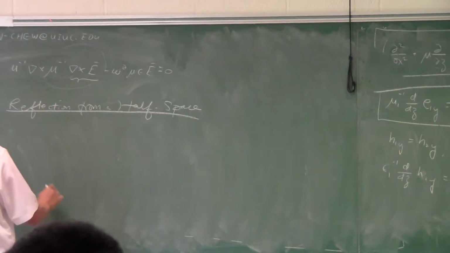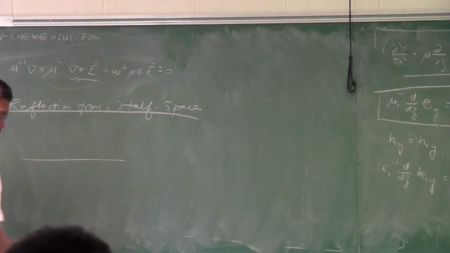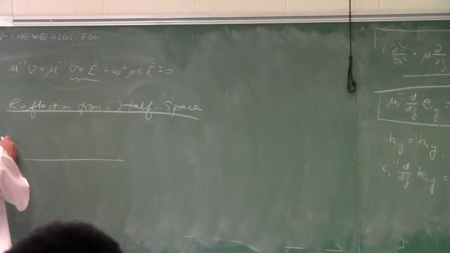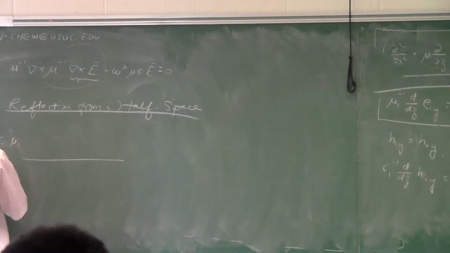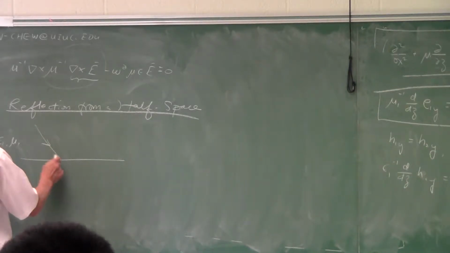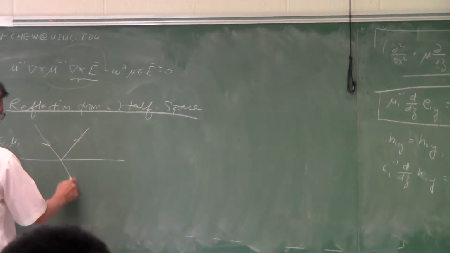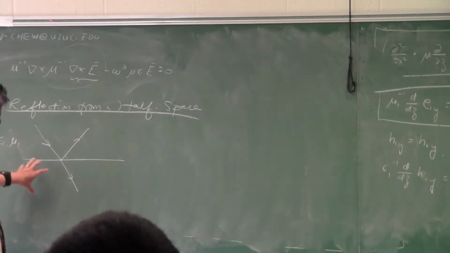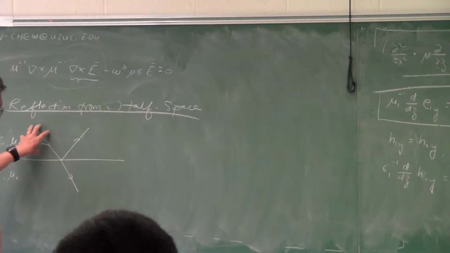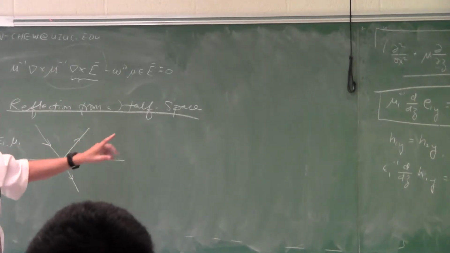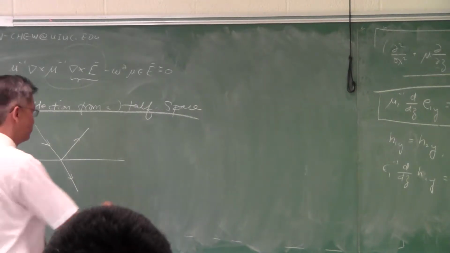This is actually a very simple problem that you probably have studied before in your undergraduate course, say epsilon 1, mu 1, epsilon 2, mu 2. We have an incident wave, a reflected wave, and then a transmitted wave. In your undergraduate course, you probably set this up as a plane wave incident, plane wave reflected, plane wave transmitted. But what I'm saying here is that it can be reduced to a 1D problem.